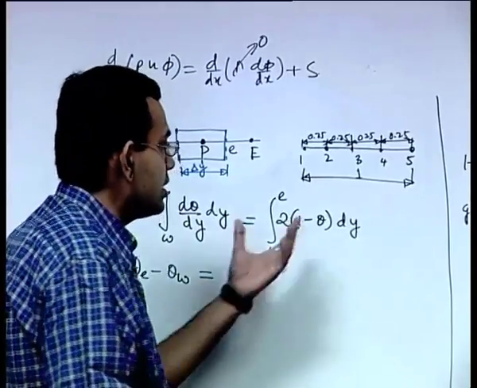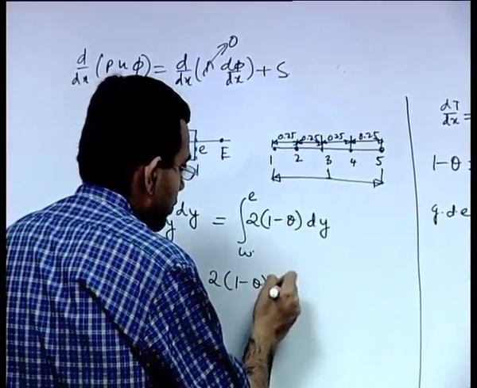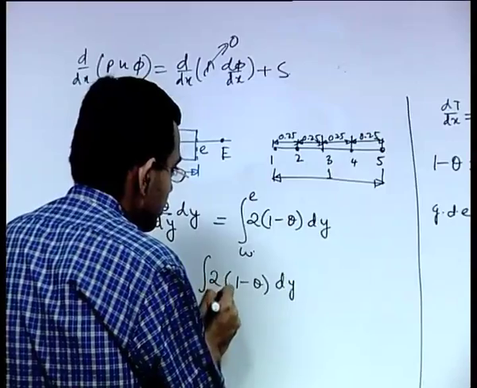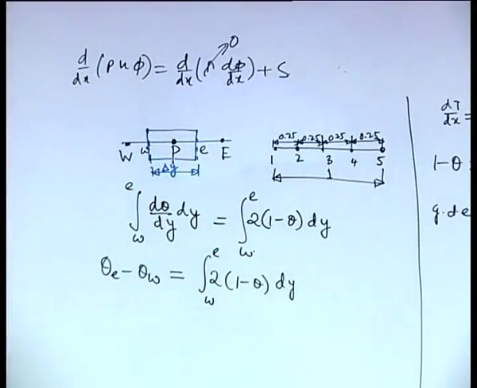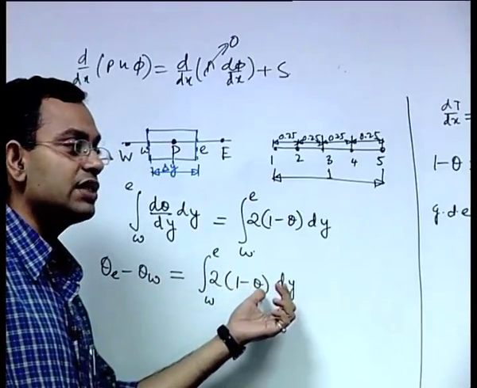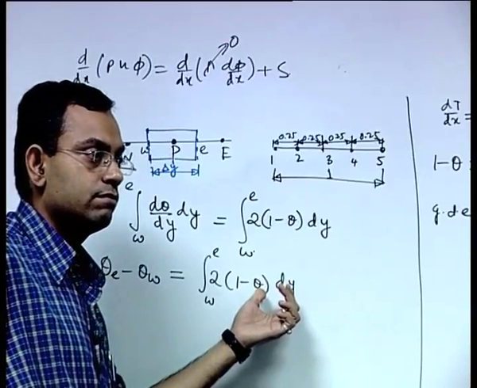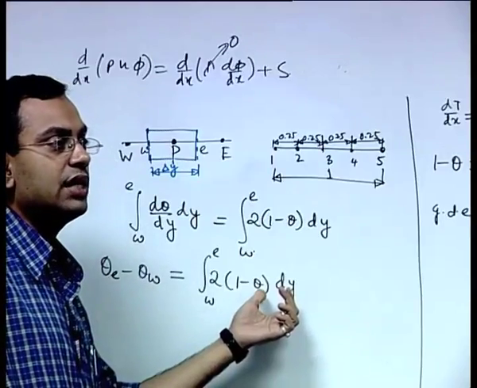First let us write this and then we will evaluate the integral in the next step. When you evaluate this integral, you need to make a profile assumption for theta as a function of y. So what profile assumption can you take?